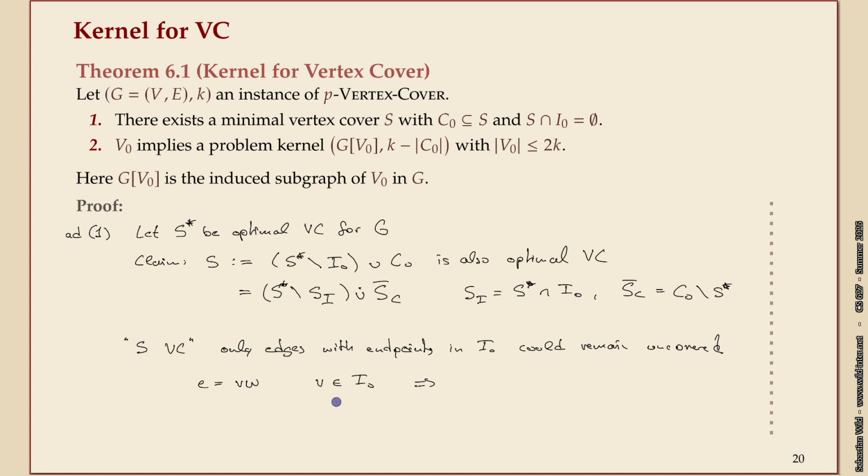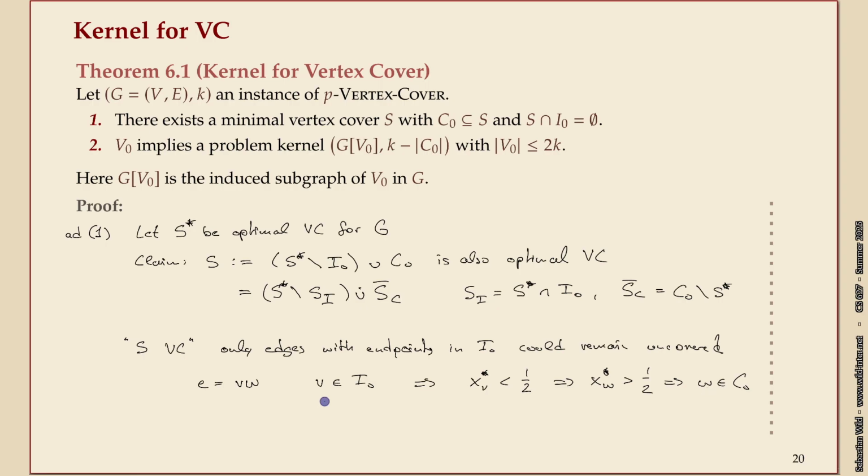By definition, I0, these were the vertices where the corresponding optimal solution of the LP had a value less than 1/2, right? So XV star was less than 1/2. But the solution has to satisfy the constraints, so the other endpoint has to be strictly greater than 1/2, which means this W is in Z0 by definition of that set, which means we'll eventually include W for sure.